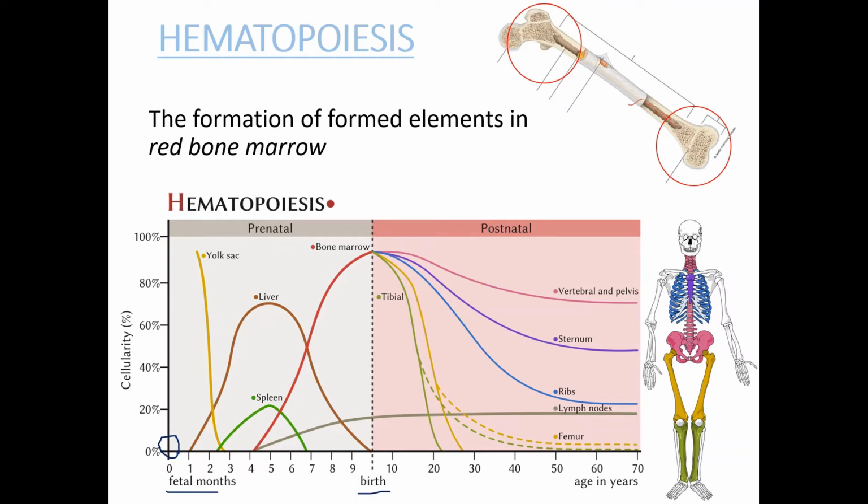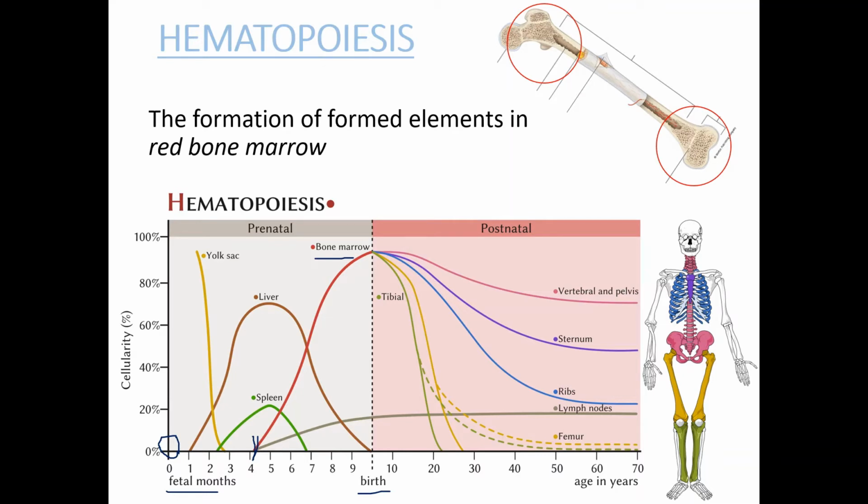Now, as we can see, the bone marrow is not the location of hematopoiesis until after the 4th month, and perhaps this makes sense. You don't have developed bones really until after this particular time.